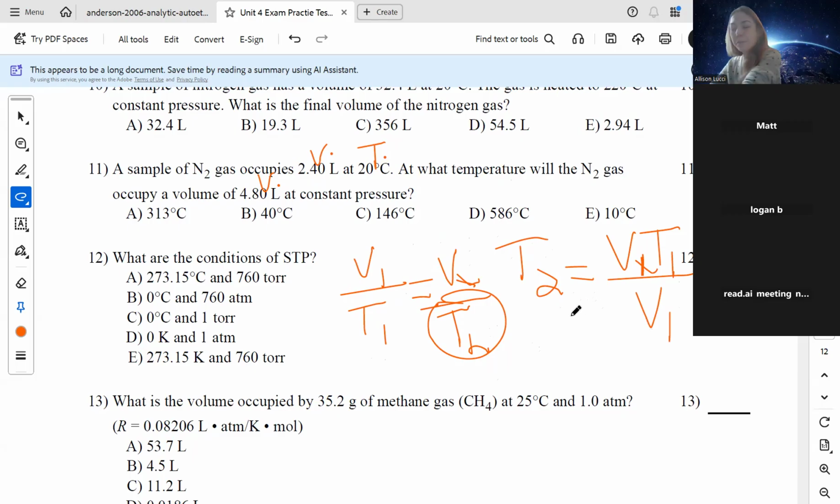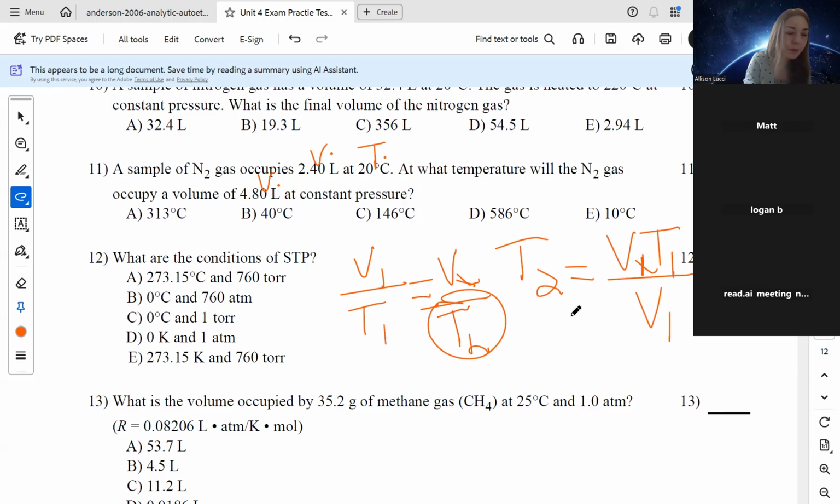Let me see. I didn't plug this one in, so let's make sure we get the right answer. We have 2.4 liters for our V1. Then we're going to multiply by 293, that's our temperature in Kelvin, and then divide by 4.6 liters.